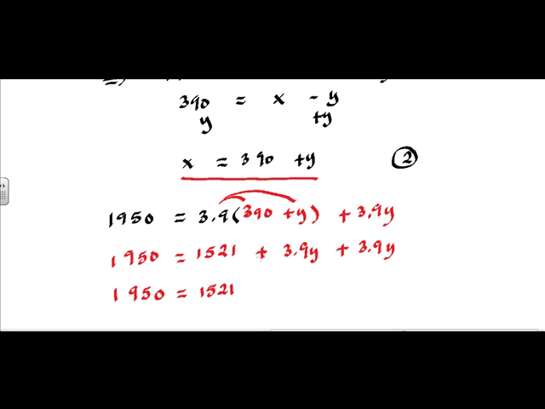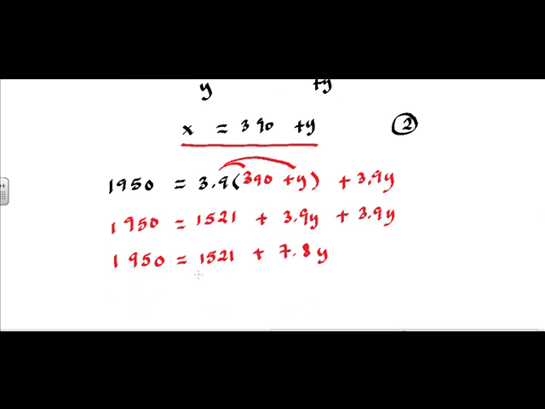So 3.9y plus 3.9y is 7.8y. And then to solve for y, we subtract 1521 from both sides.